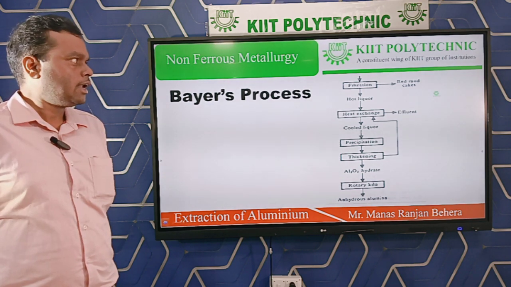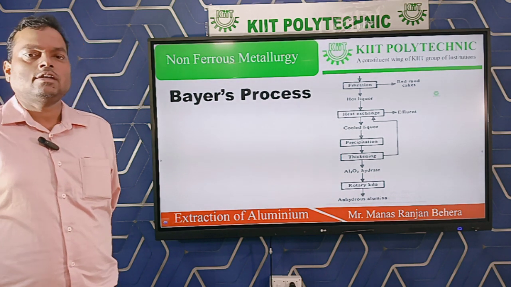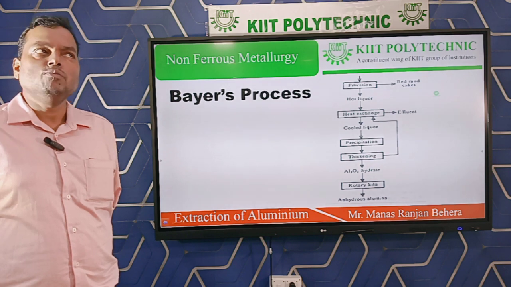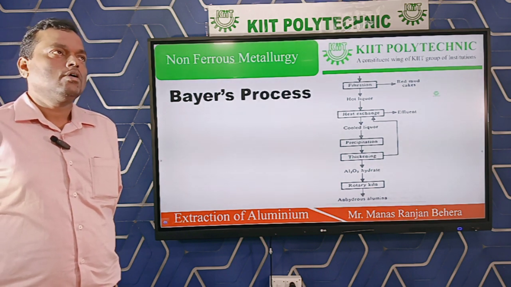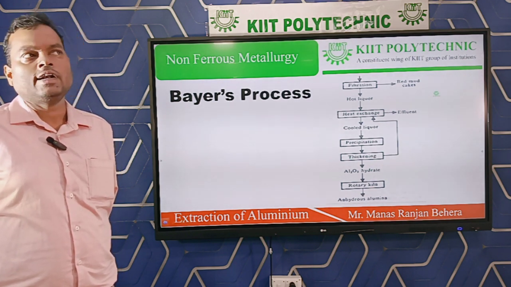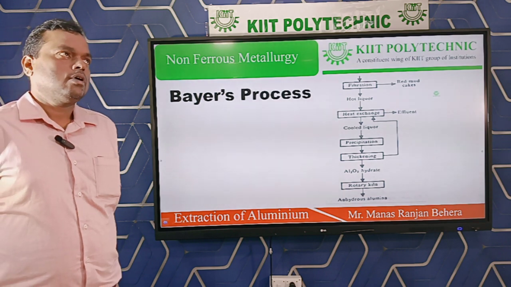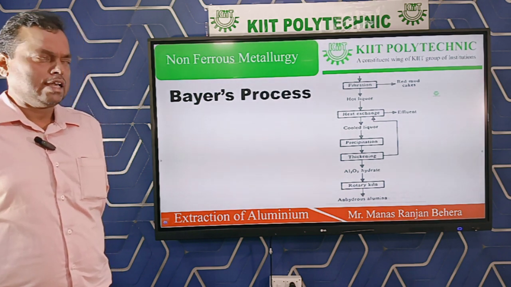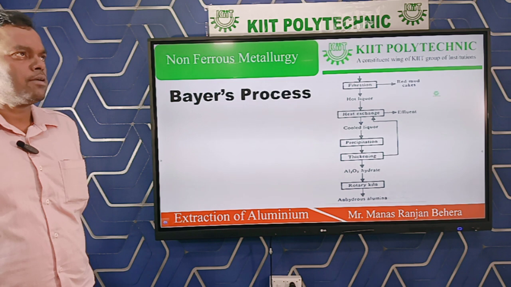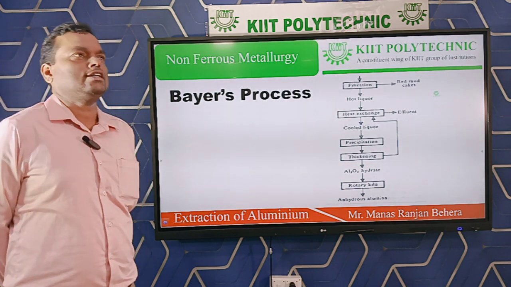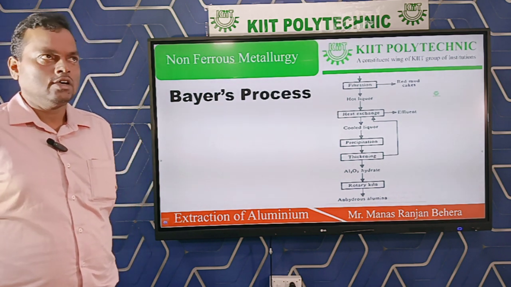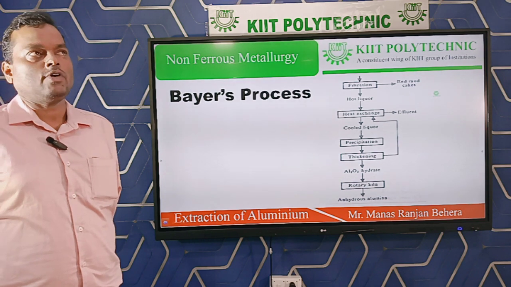So in the Hall-Héroult process we get aluminium which is pure, but only up to 99.5%. Our aim is to get aluminium required for electrical and electronics purposes, which is more than 99.99% pure. So for that we need another step, step number 3, which is the refining of aluminium.